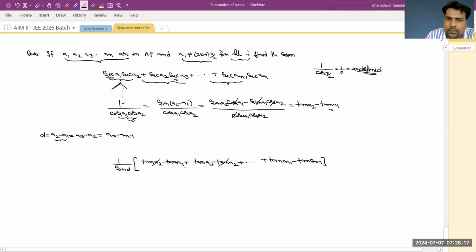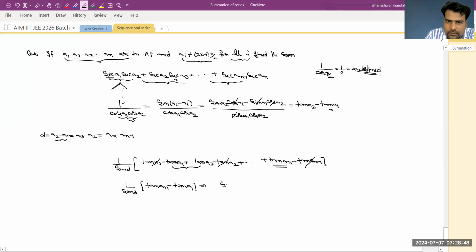Here, this term will be cancelled out. In the first, the last term is there, and in the second, the first term is there. So if I cancel all these terms, then only this will remain. From here, I get 1 by sine of D times (tan of A of n minus tan of A1). Also, I can write this term in this way.